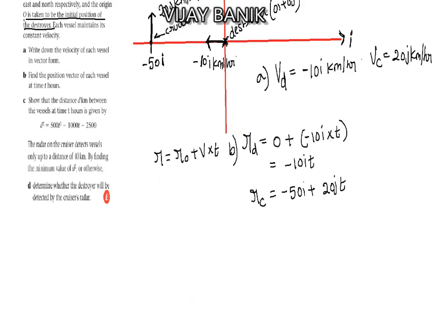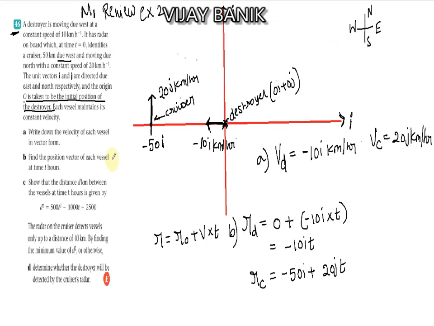In C part, they said show that the distance d kilometers between the vessels at time t hours. For example, after some time t, let me use a different color, let's say the destroyer has reached here, and the cruiser has reached over here. So there is a displacement between them, right?